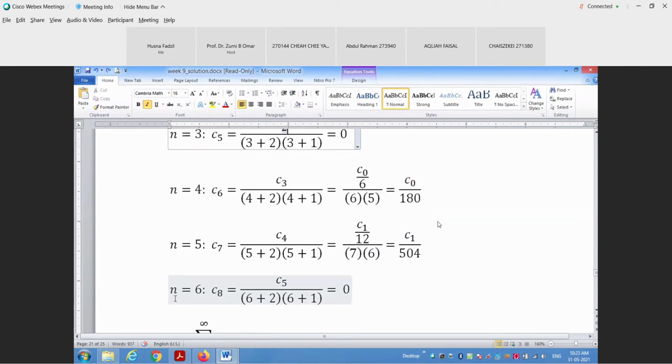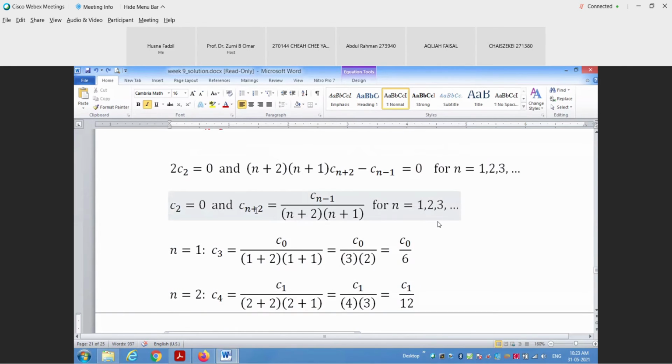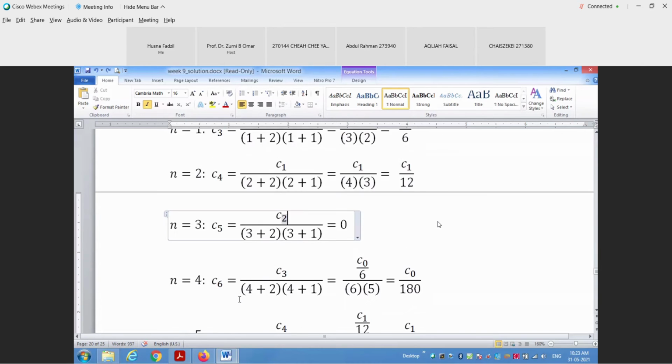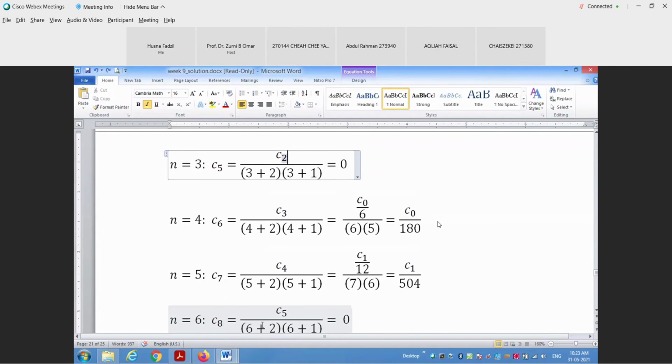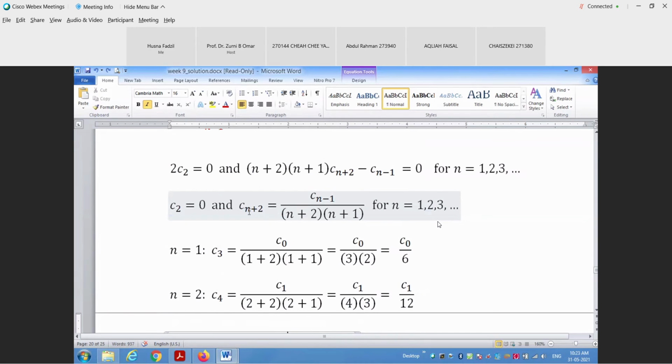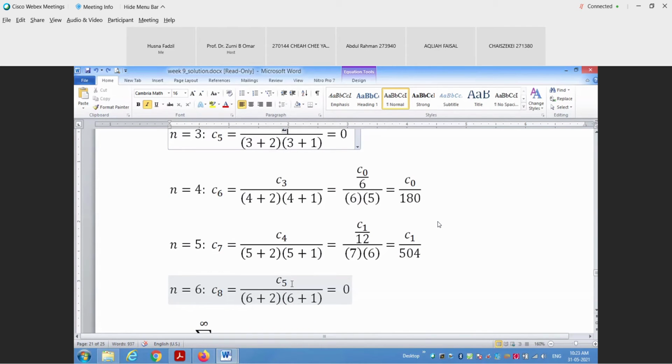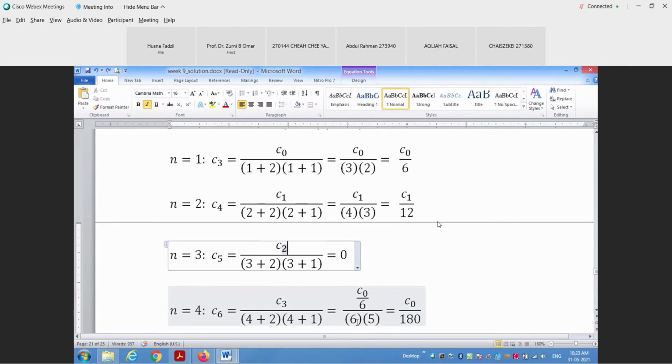And when n equal to 6, we have C8. Replace n with 6 here, we have 6 plus 2, which is 8, here is 6, so becomes C5, but C5 equal to 0, and that's why we have 0. And then I think we can see some pattern here.